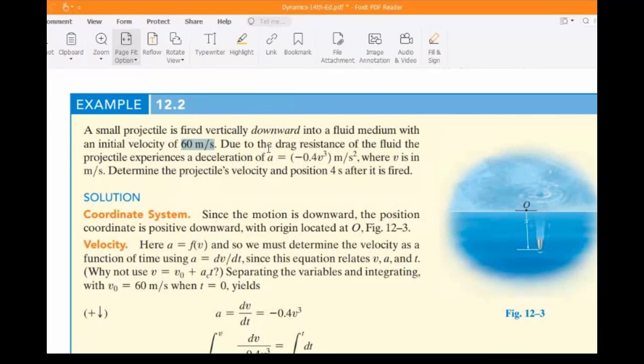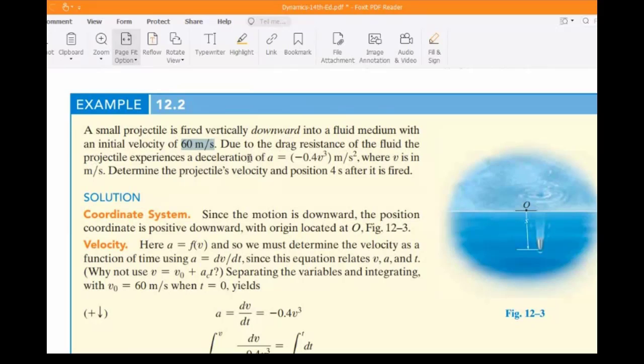Due to the drag resistance of the fluid, the projectile experiences a deceleration. Will it continuously increase its speed or decrease? Decrease, because it's a fluid medium and the medium will be resisting it.